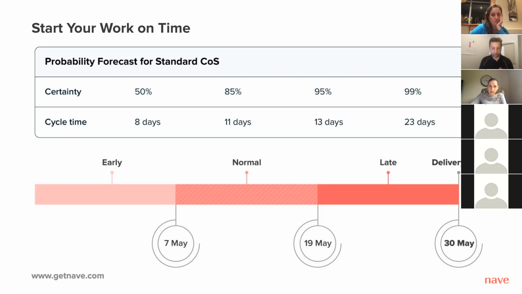This means that the ideal time to start your work is between 23 and 11 days before the delivery date, or any time in the range between 7th May and 19th of May. By initiating your work within the normal start date range, you will have at least 85% chance of delivering it on time.